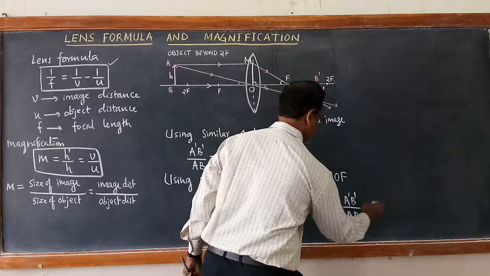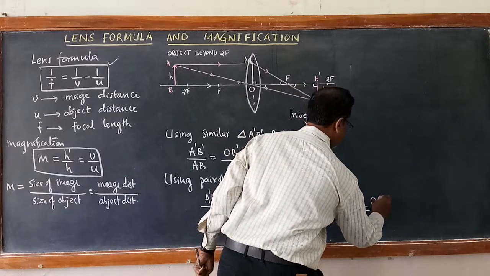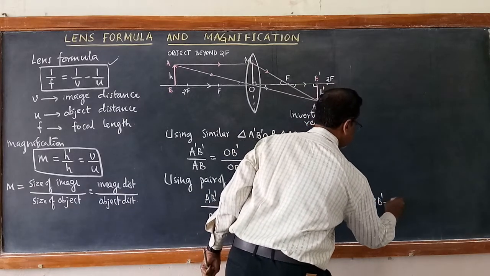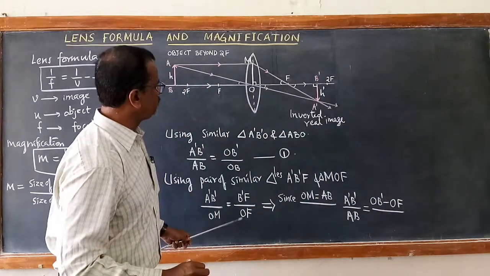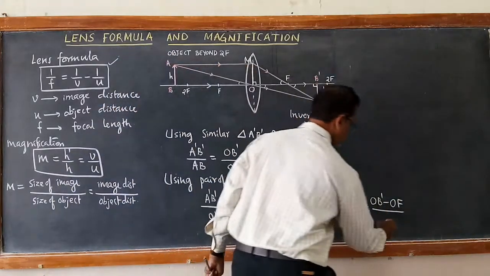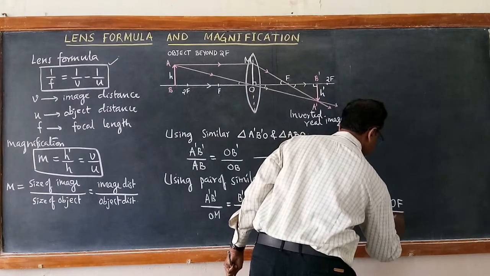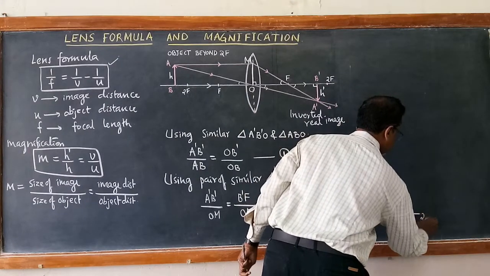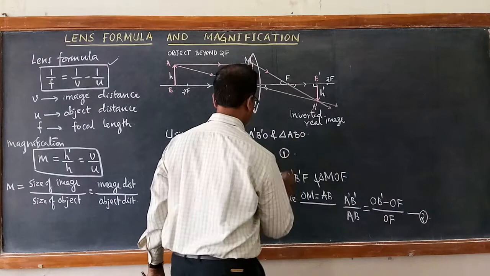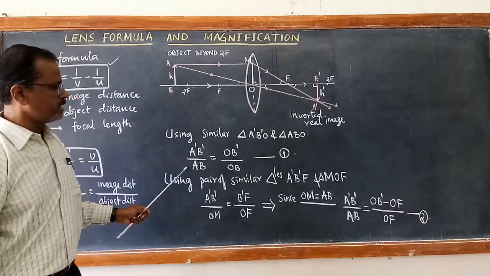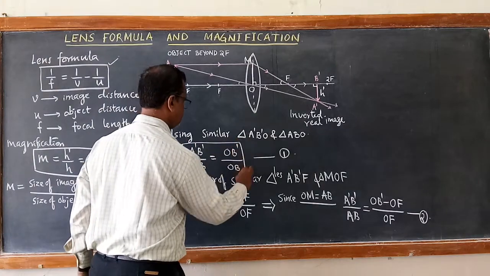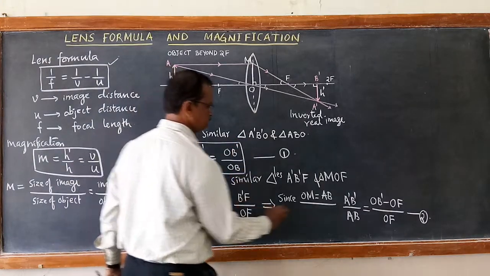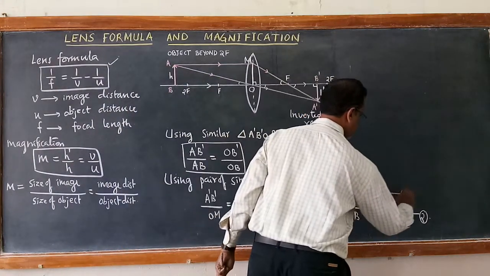So I am writing this, OB' minus OF divided by, the denominator is OF. Call this equation 2. And you see equation number 1 and equation number 2. This is equation number 1 and this is equation number 2.